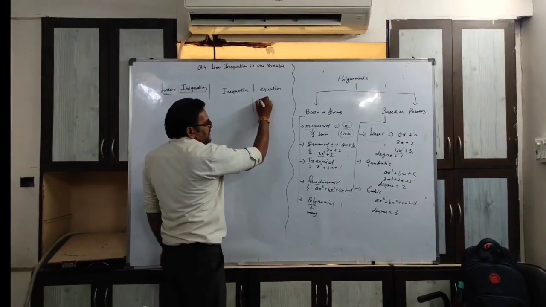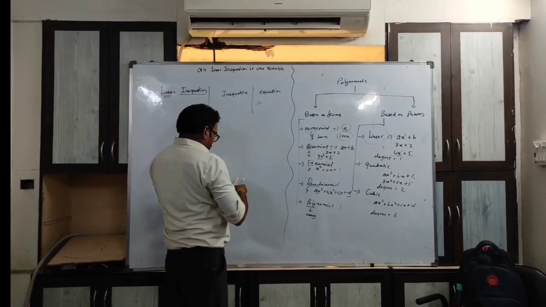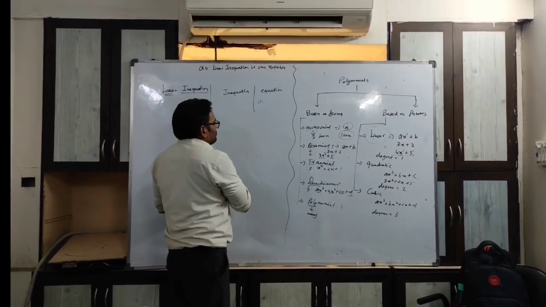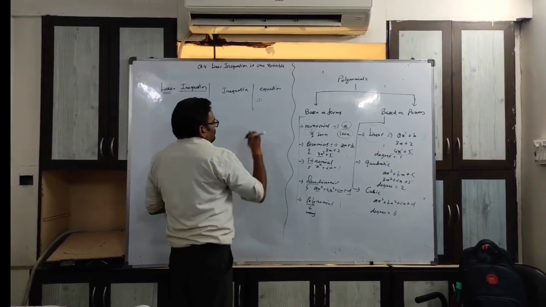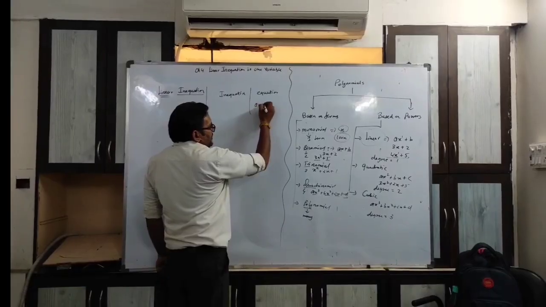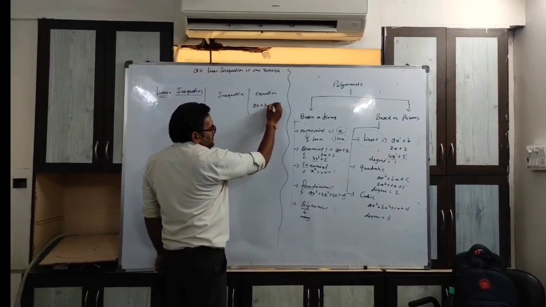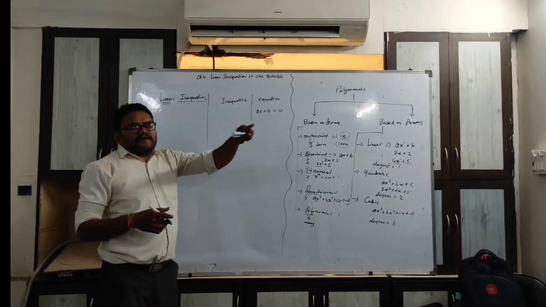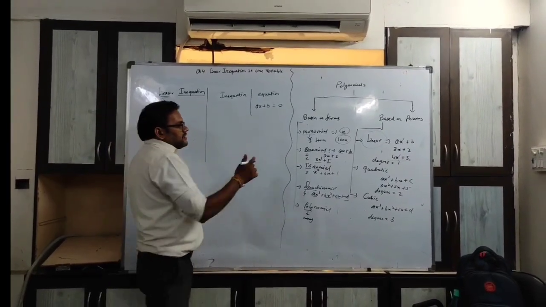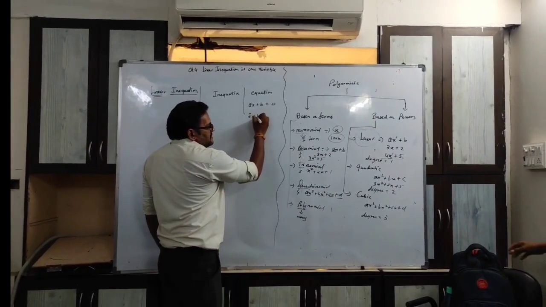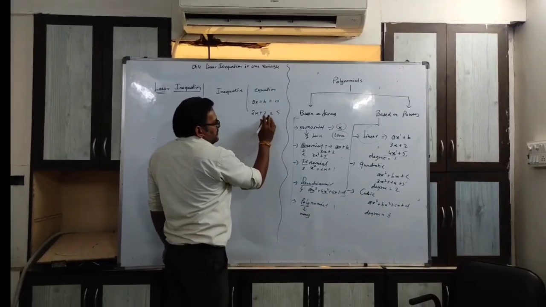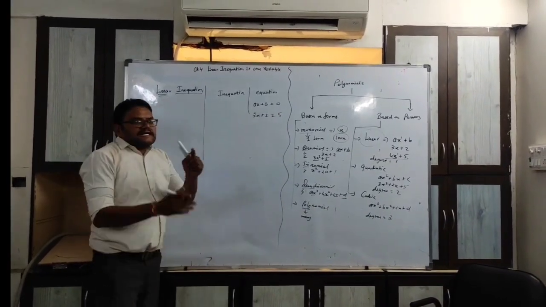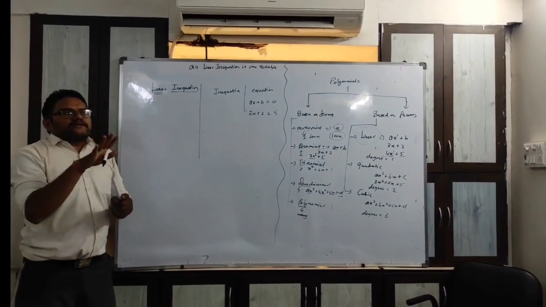When we refer to any linear equation in the form of ax plus b equal to 0, that is with respect to equal to, comparing with any constant values, like 3x plus 2 equal to 5, here the equal to sign is there, so that expression will be referred to as an equation.